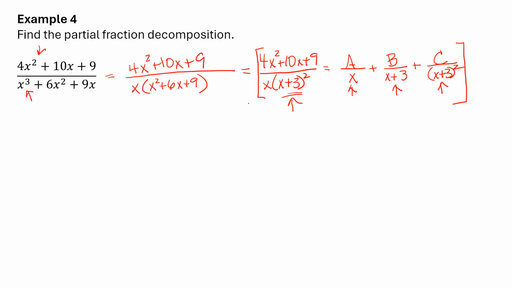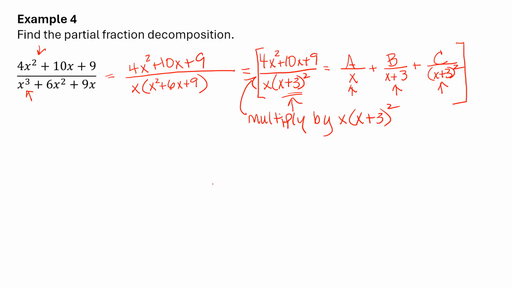So instead of getting a common denominator on the right, adding it all up and saying the numerators are equal, I'm just going to get rid of the fractions right away.